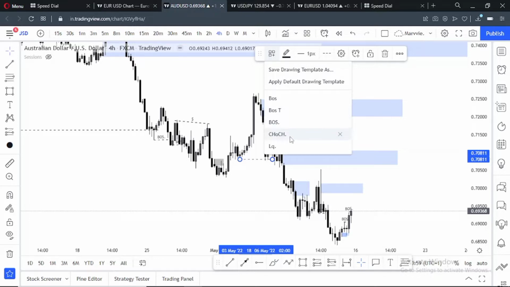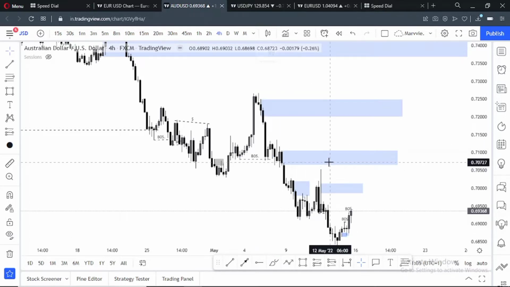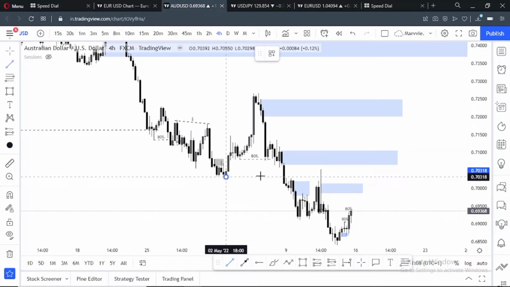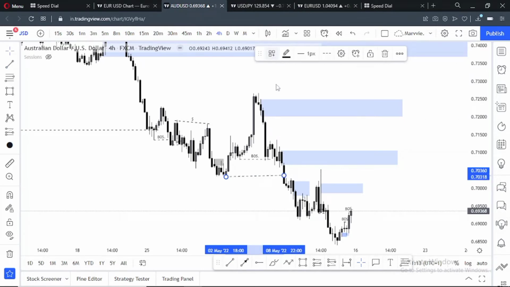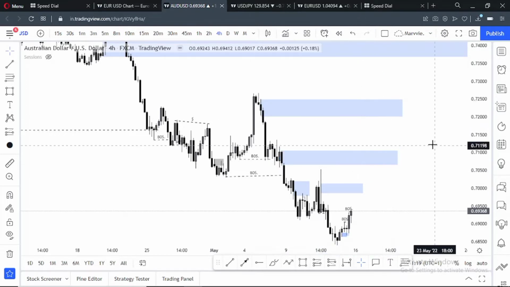The video is there explaining supply and demand in depth. We had a break of structure from there, then a break of structure from here also. We have this zone here, we have this zone also.